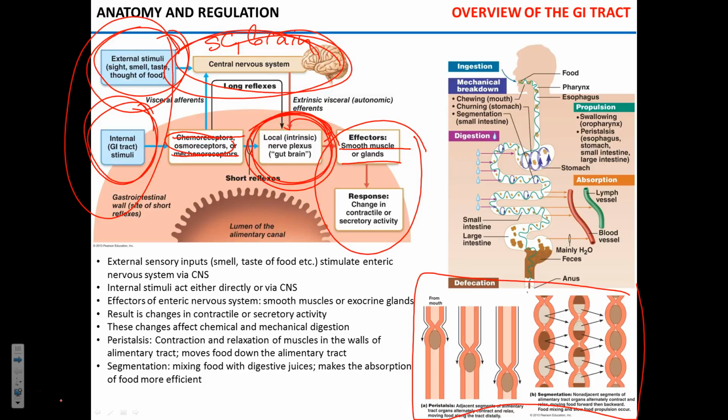Secretions. Can you name digestive secretions that you know? Hydrochloric acid. Some of them you kind of feel almost every minute of your life. What about saliva? That's a secretion in the digestive tract, right?